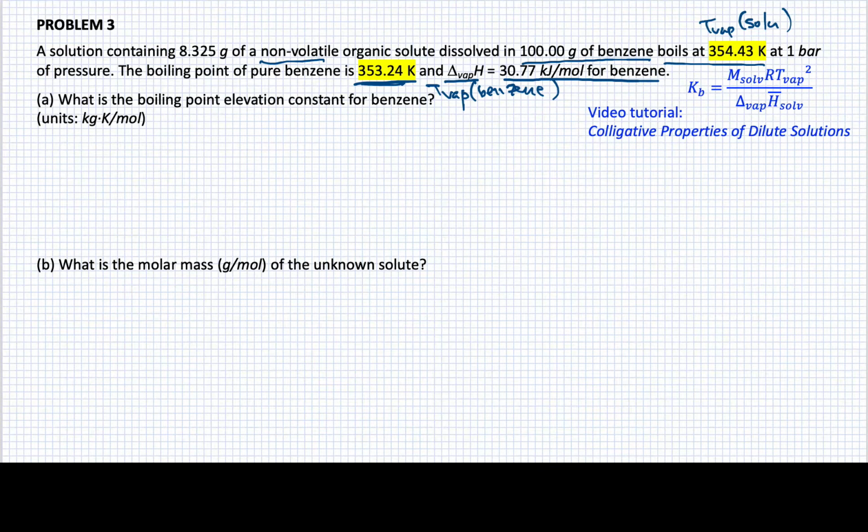So now we're asked, what is the boiling point elevation constant? Well, we've got all the information we need here to get that. And this is a shameless plug, but you should take a look at the video tutorial, Colligative Properties of Dilute Solutions, because it will eventually tell you why this has something to do with this problem. So you'll use all of this to determine the boiling point elevation constant.